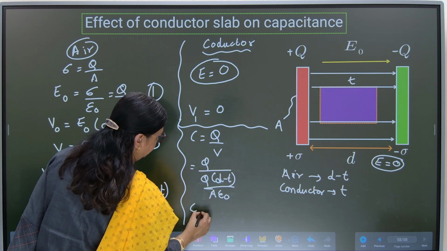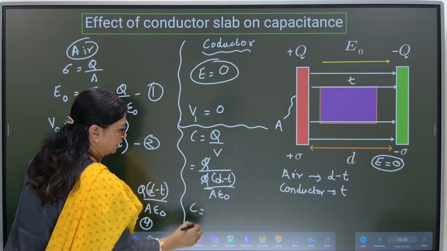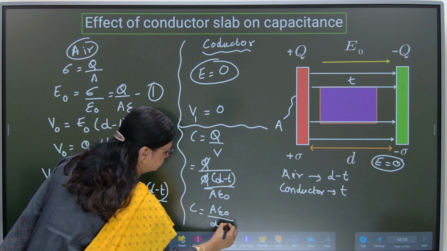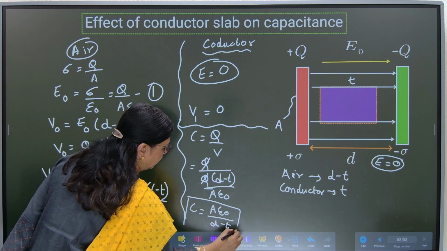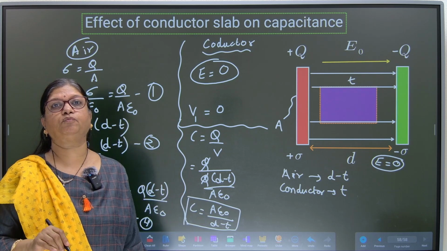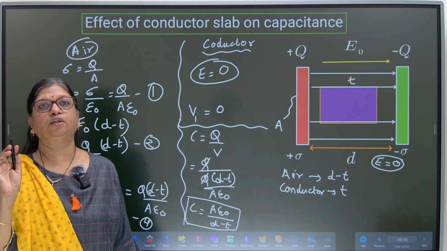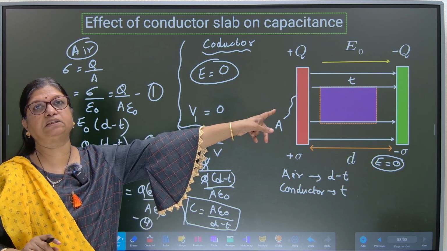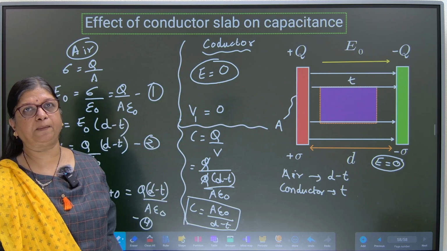Therefore C is equal to, Q cancels, A epsilon naught upon D minus T. So here what we have done? We have reduced the denominator from D to D minus T. So capacitance has increased by placing this conductor slab in between the plates of a capacitor.